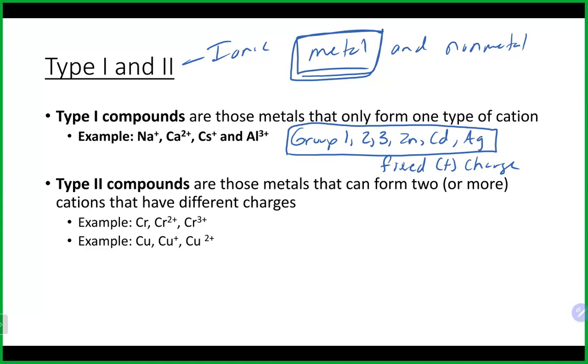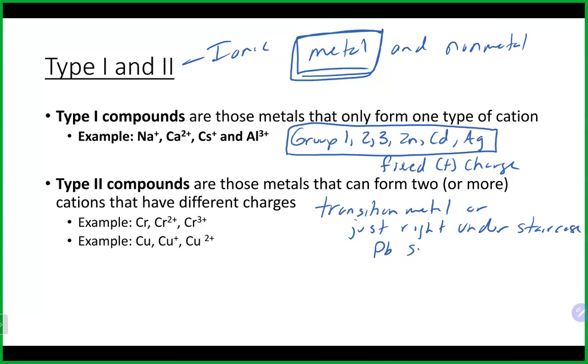Now, a type 2 compound, you're still looking at the metal, but the metal will come from the transition metal region or just to the right under the staircase, where, like I said, lead, tin, etc. are located.